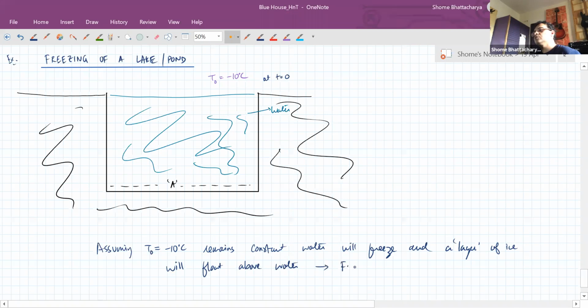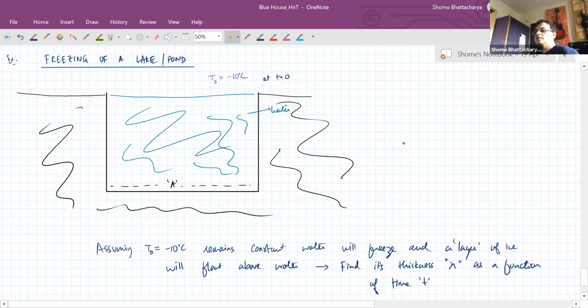So we want to find the thickness of this ice layer. Okay, let's say X is the thickness as a function of time. Okay, this is what we want to do.